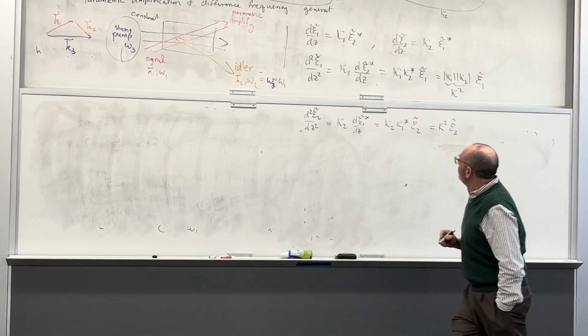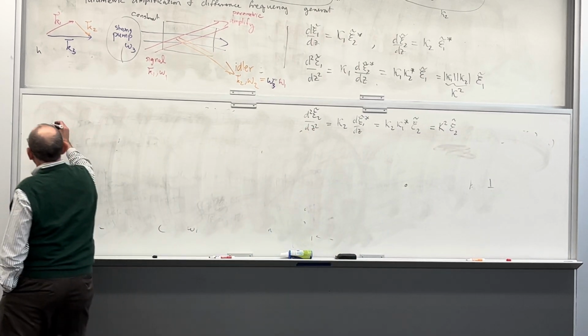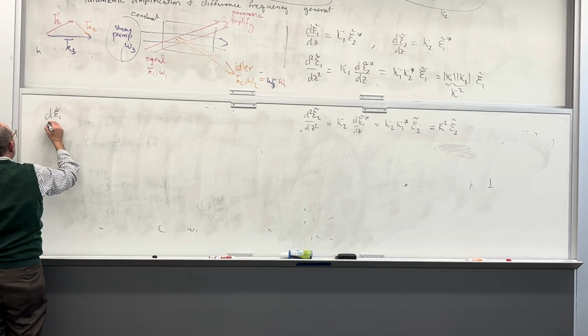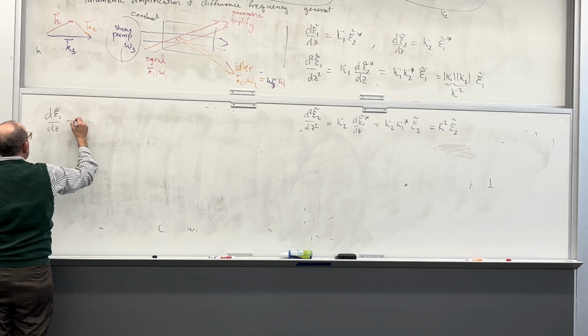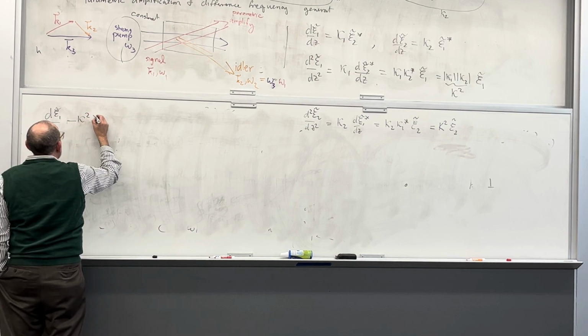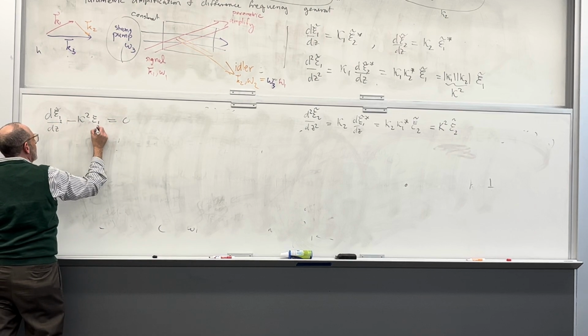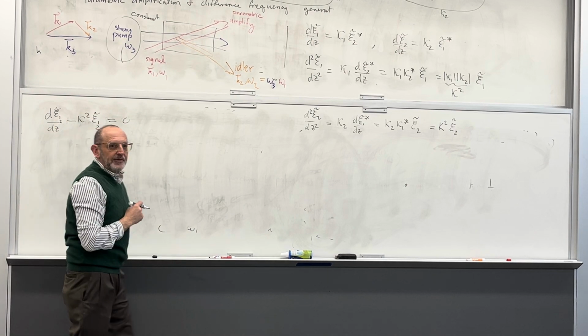So the equation of motion I have then is this minus kappa squared E1 equals 0, and the same thing for frequency 2.